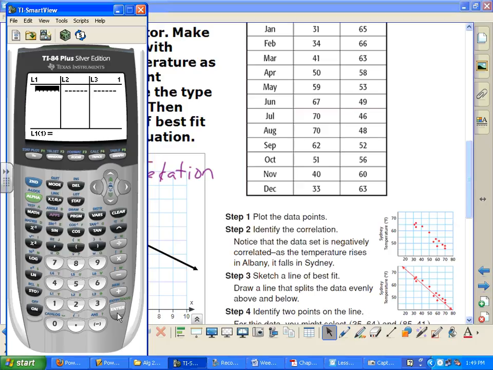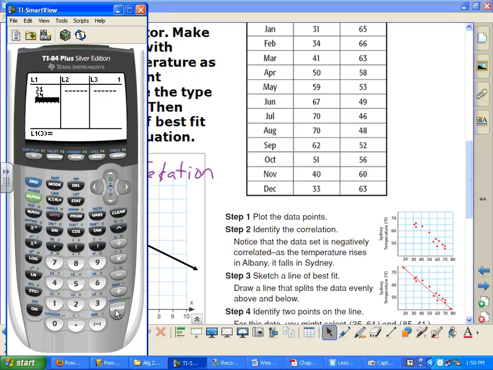And whenever you start a new set of data, always clear your list. Okay? So now, put all of the numbers for Albany in list 1 and Sydney in list 2. And you can just type in the number and hit enter, and it'll go to the next one.